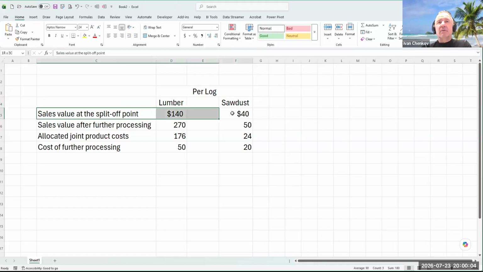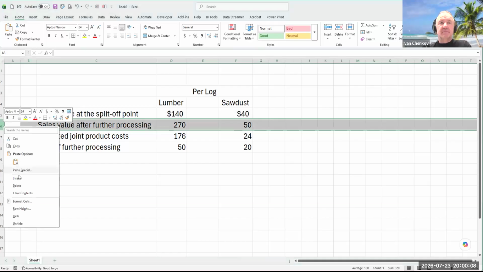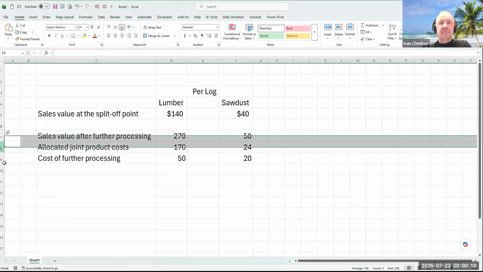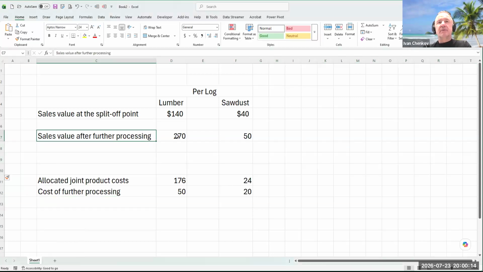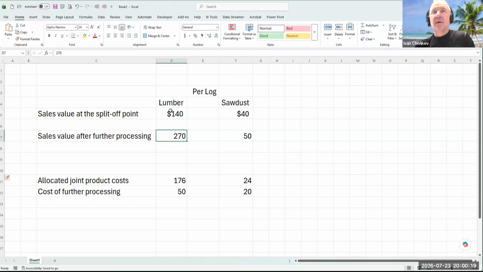Currently, I'm making $140. Let's split now the information. If I process further, the lumber is going to generate 270, and the sawdust is going to generate 50.